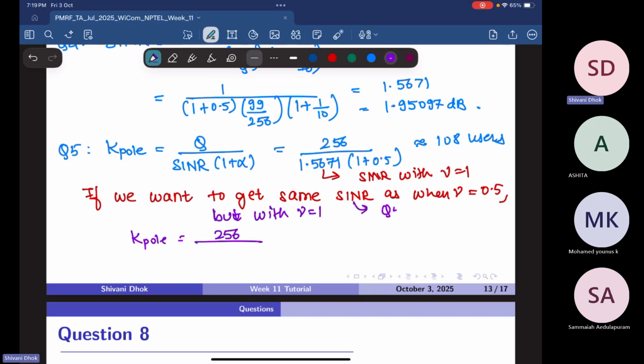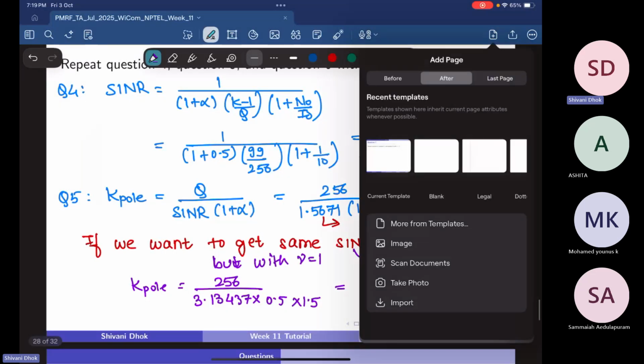So this is from your question number 5. 3.13437 into 0.5 into 1.5, and this comes out to be 54 users. So you can serve only half of the users if you want to achieve the same SINR that we obtained when nu was equal to 0.5.